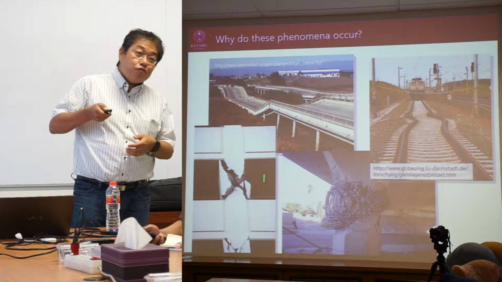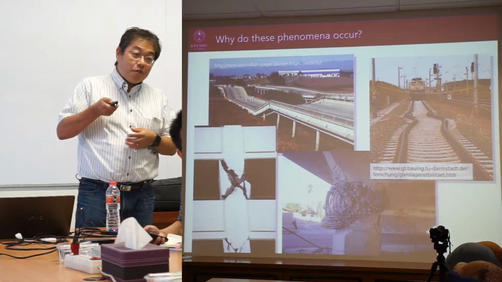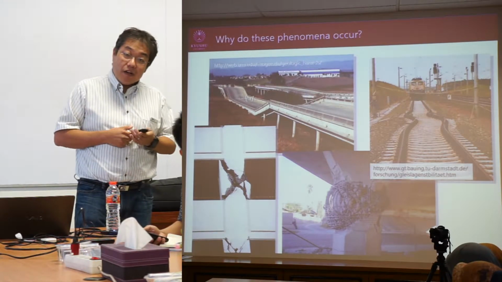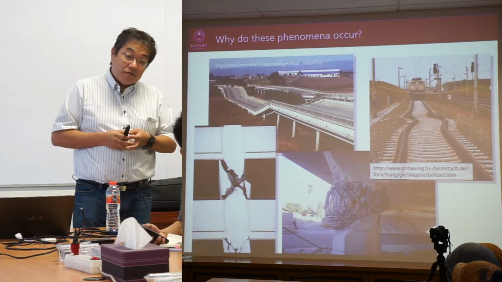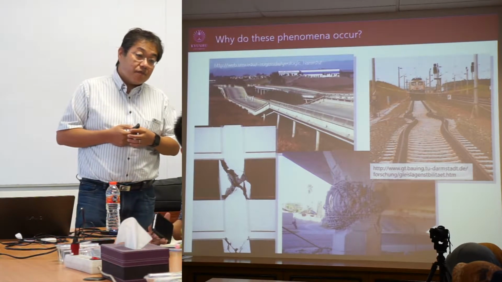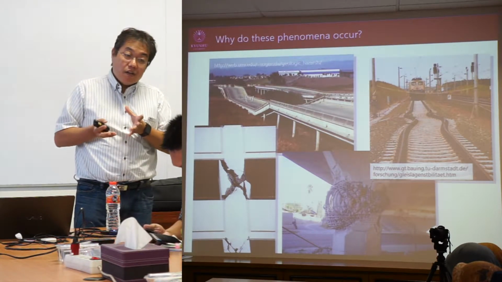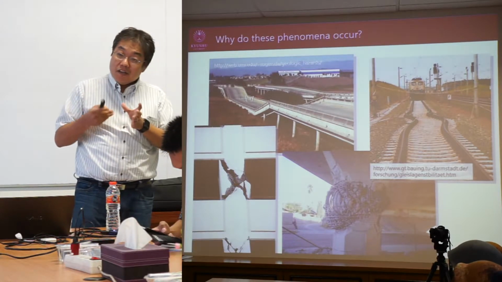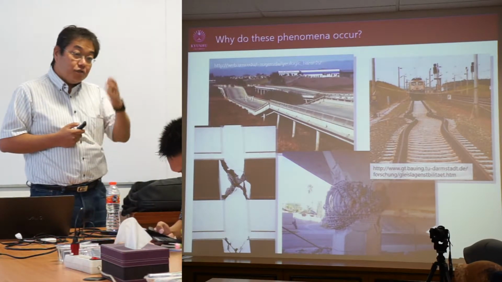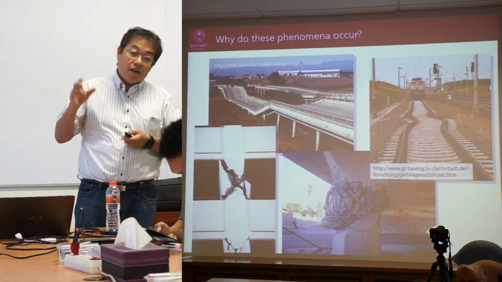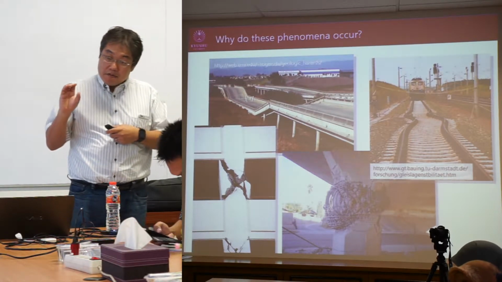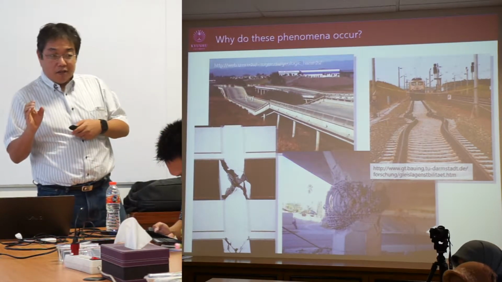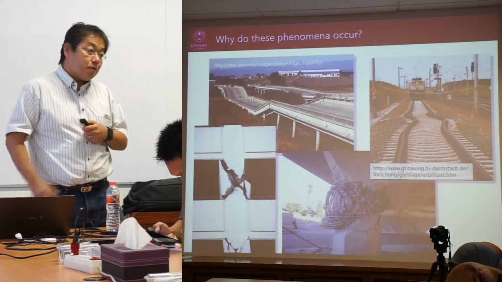So how do we describe this kind of deformation by using computational simulation? In that case, we have to make a constitutive model to describe such deformation, and boundary value problems or discretization are important.